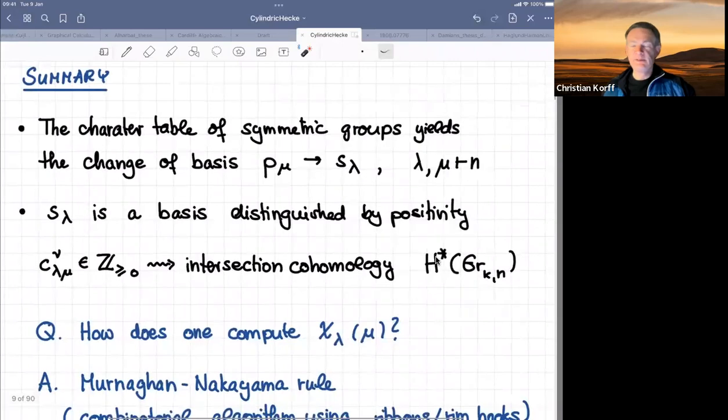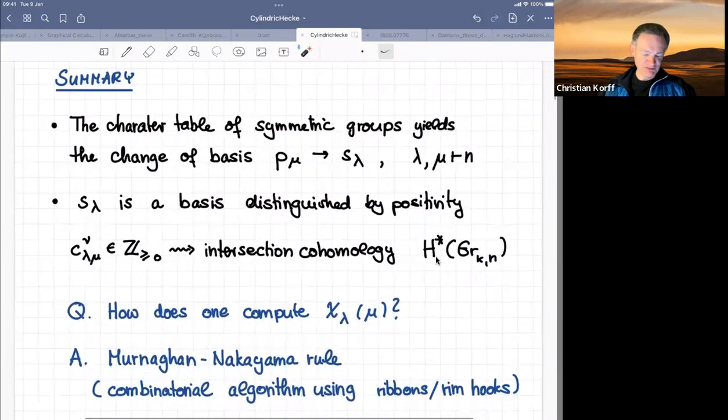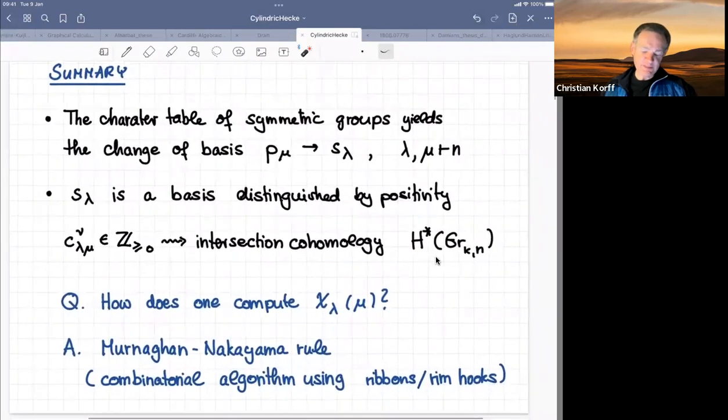Okay, so a little breather. If anything was unclear, now is the time to interrupt. The summary, what I just want to repeat, is that this characteristic map explains why the character table of the symmetric groups gives you the basis transformation between power sums and Schur functions.